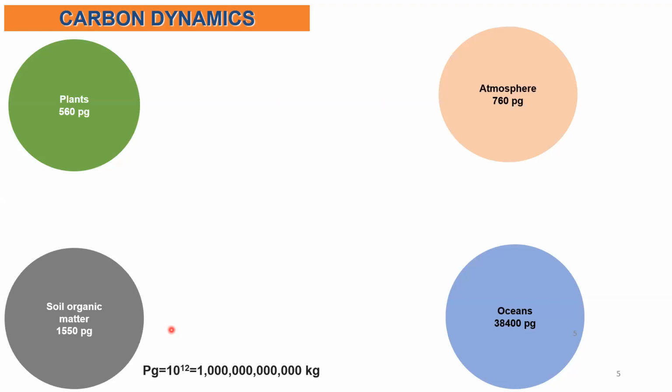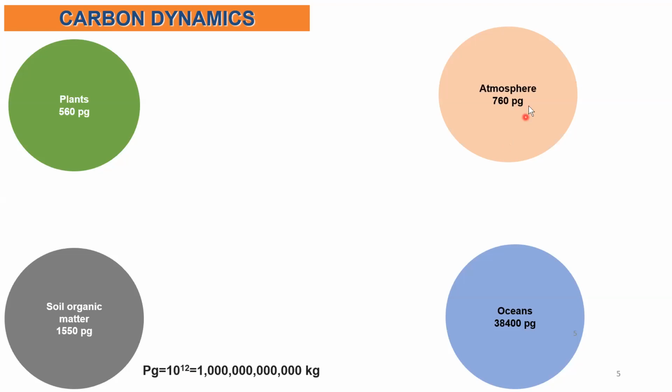So if we look at the carbon dynamics, we have four major reservoirs, and if we say that they are in balance, this amount of carbon dioxide is in petagrams, and a petagram is equal to 10 raised to the power 12 kg.